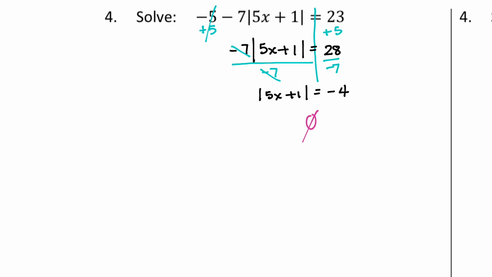And how do I know this? I'm hesitating so you can think about it a little bit on your own. Okay, the reason is this 4 is negative. Absolute values can never be negative. So because we got one after it's isolated, we can't go any further because this says the distance of something from 0 is negative 4.